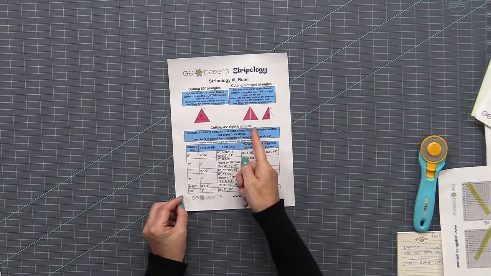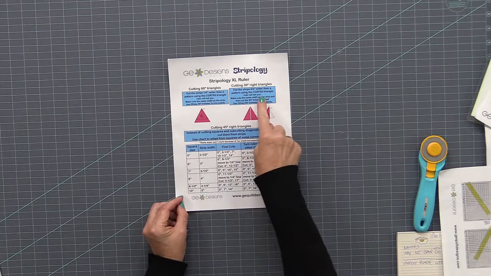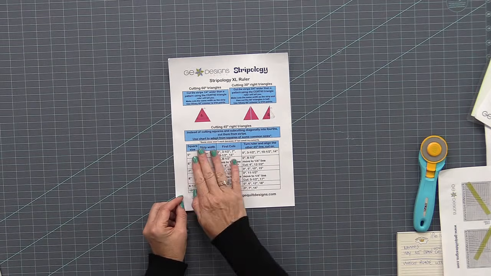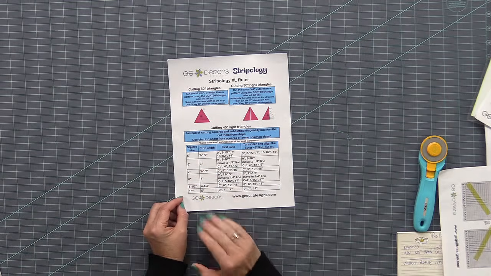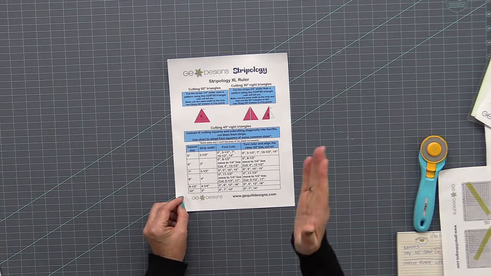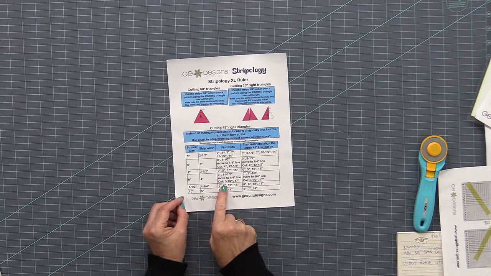That is just a 60-degree cut in half if you need to do a half triangle. So here are the adaptations you would need to do for that. And then 45-degree right triangles, you cannot cut every size with the XL just because it is a diagonal cut. But if you want to do that with the ruler, here's the chart for that.